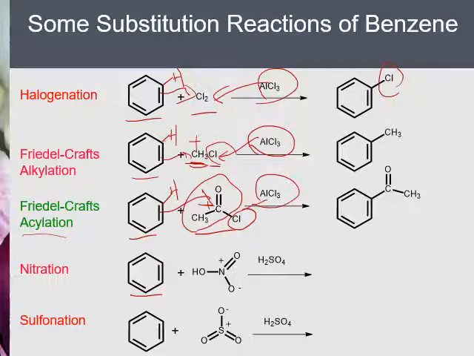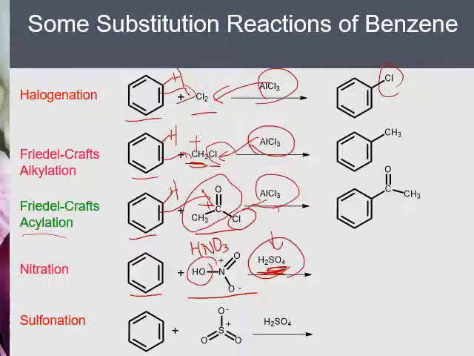Now, when benzene is mixed with nitric acid, this is the Lewis structure of nitric acid, and with sulfuric acid. In this case, we don't use a Lewis acid such as aluminum chloride. Instead, we use sulfuric acid. This sulfuric acid will take a hydroxy away.